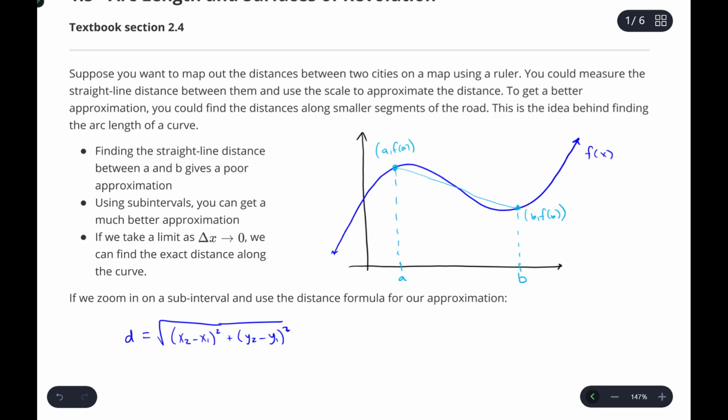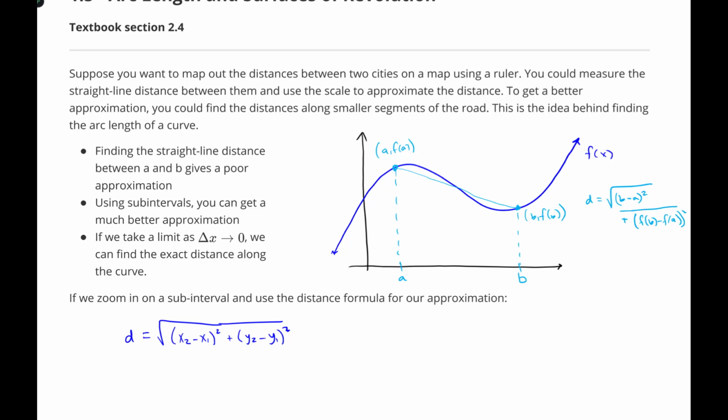And since we have an x and a y value for these 2 points, the distance here would be the square root of b minus a squared plus f of b minus f of a quantity squared, and that would all be underneath that square root. I just ran out of space there. Okay, so that's how we would get the first approximation.